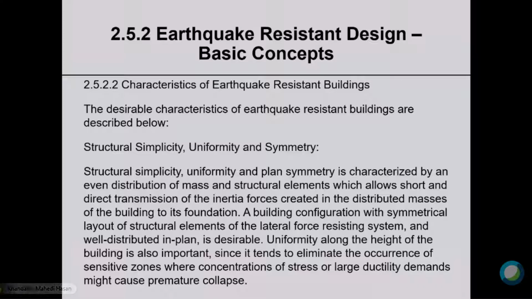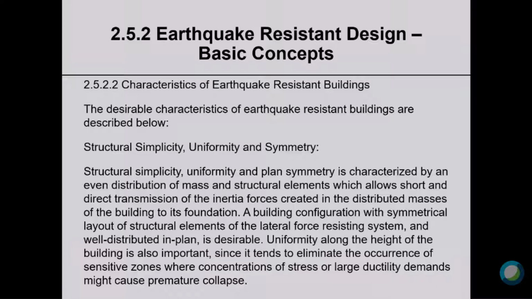Structural simplicity, uniformity, and plan symmetry is characterized by an even distribution of mass and structural elements, which allows short and direct transmission of the inertia forces created in the distributed masses of the building to its foundation. Okay, short and direct load paths.